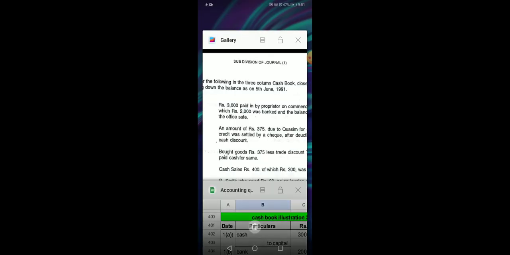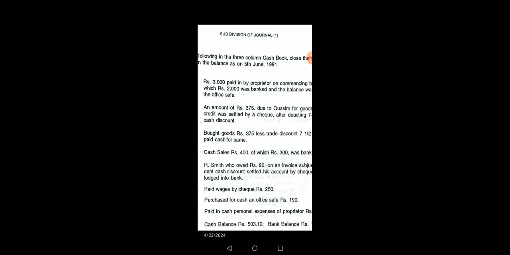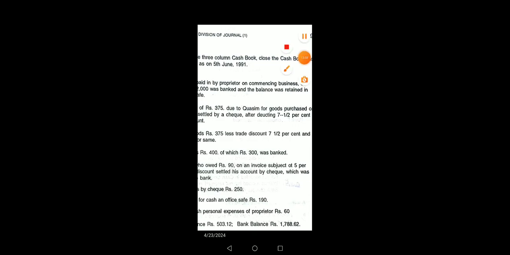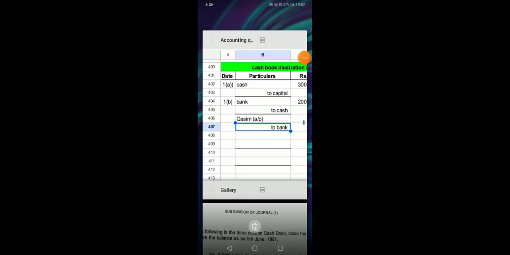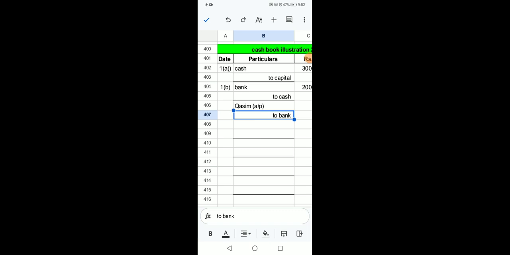But here there is another aspect of this transaction, which is that it was settled after deducting discount. When you are paying the amount, it is a matter related to your creditor.